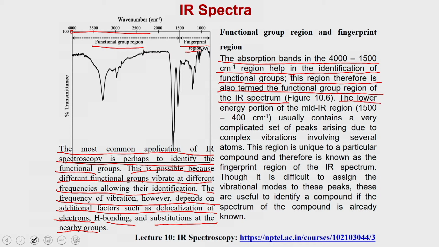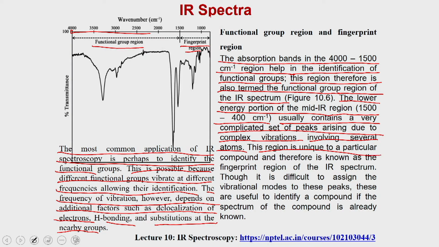The lower energy portion of the mid-IR region, which is 1500 to 400, usually contains a very complicated set of peaks arising from complex vibrations involving several atoms.